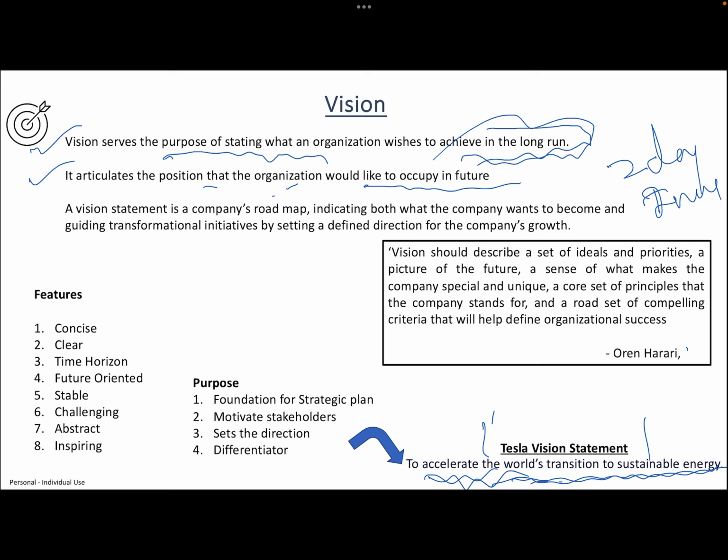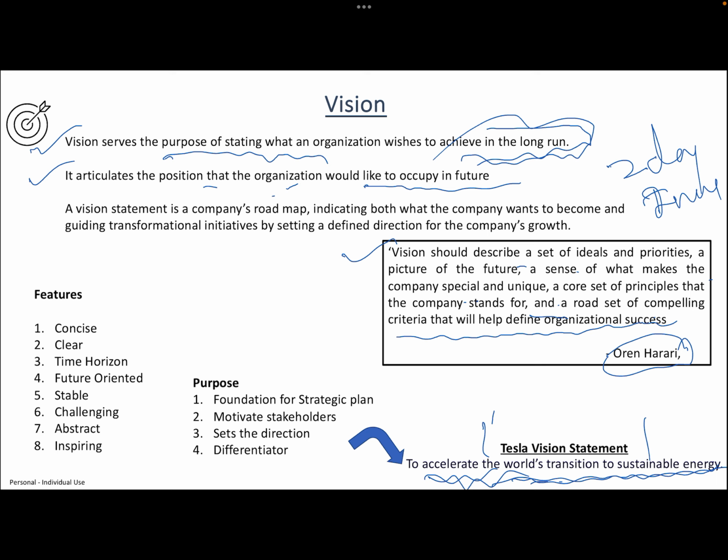So, Warren Harari has clearly explained what exactly the vision is. Vision should describe a set of ideals and priorities, a picture of the future, a sense of what makes the company special and unique, a core set of principles that the company stands for, and a broad set of compelling criteria that will help define organizational success.